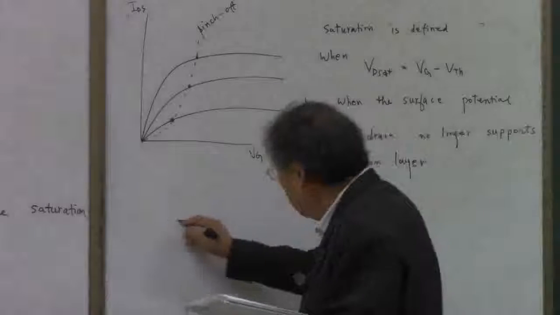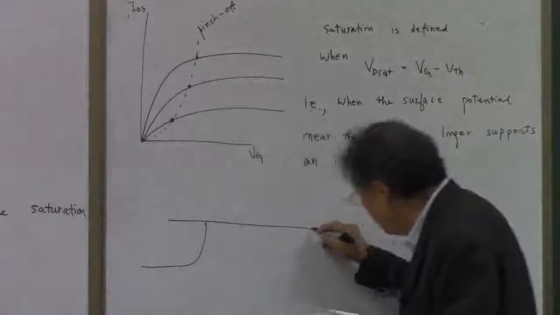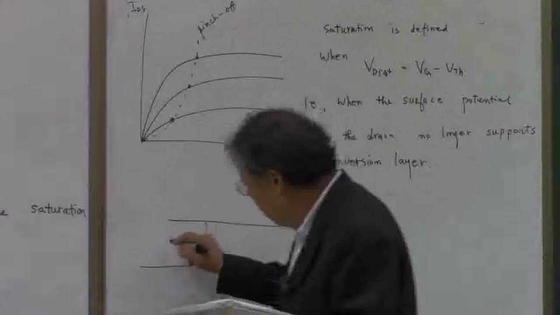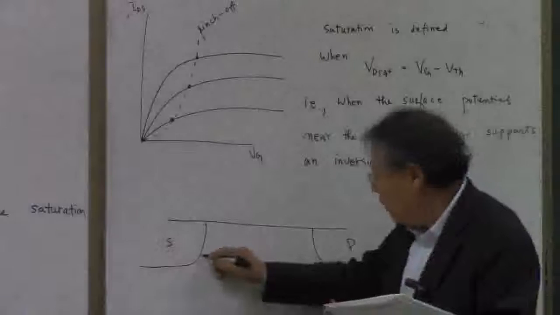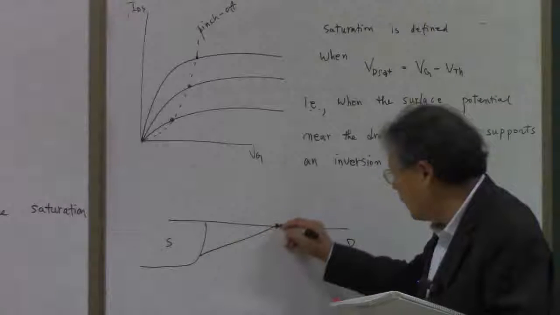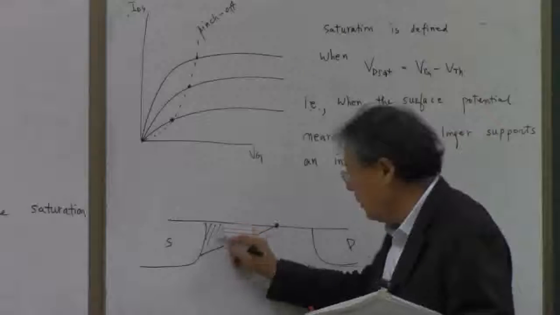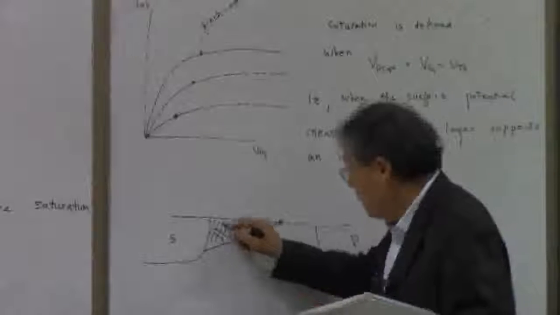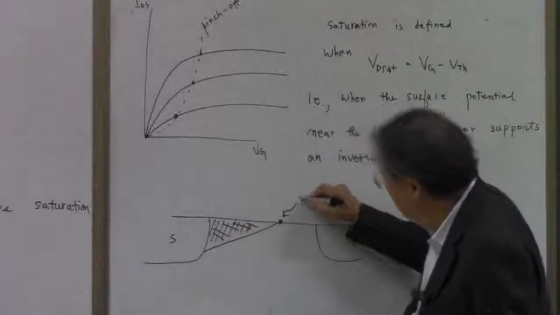And physically, what we can see at this saturation is that we have a source and drain, and the inversion layer now becomes something like this on the gate, and this is the inversion layer, and we call this a pinch-off point.